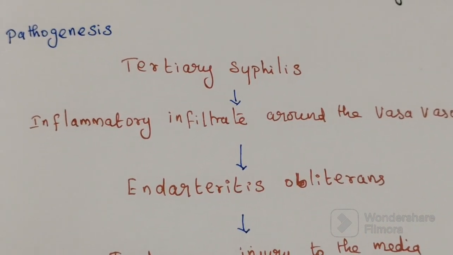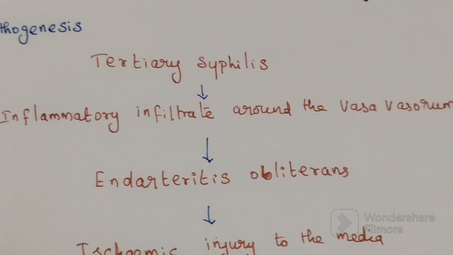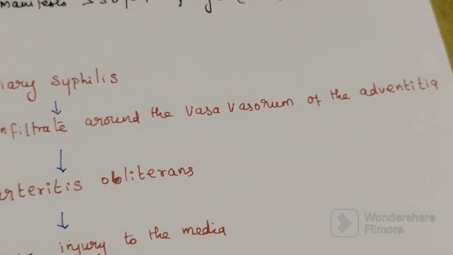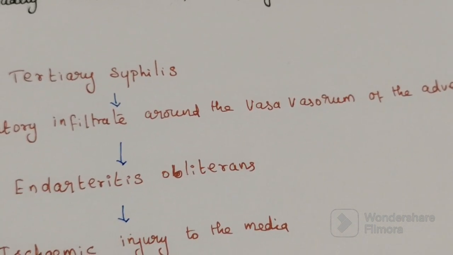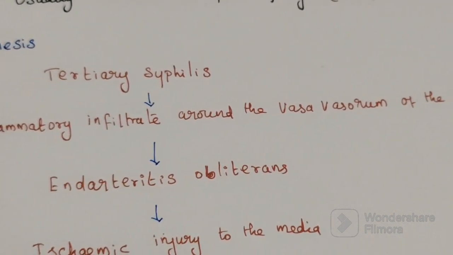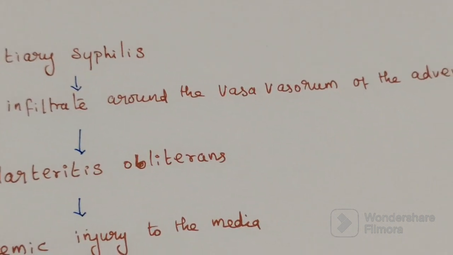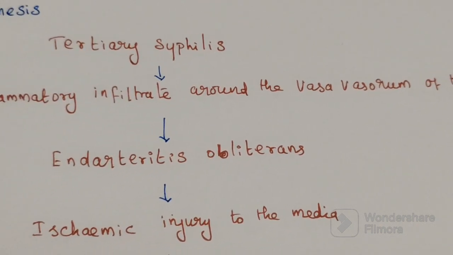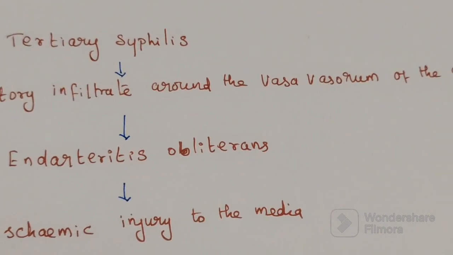Pathogenesis in tertiary syphilis: Treponema pallidum affects tunica adventitia, in vasa vasorum. What is vasa vasorum? Blood vessels for the blood vessels. Treponema pallidum affects vasa vasorum.